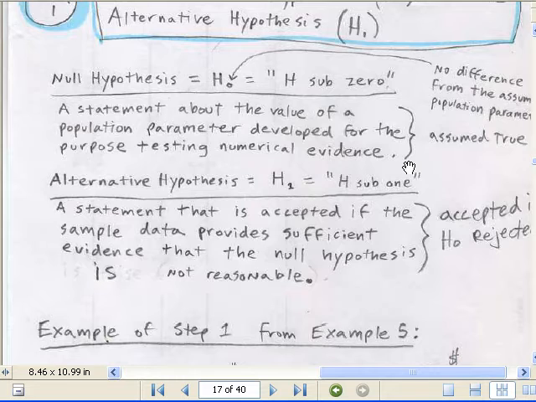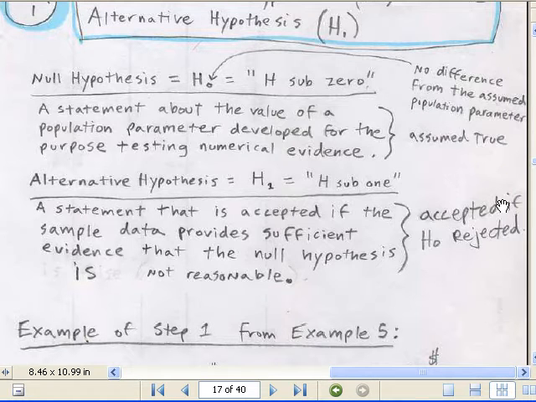The only way we could say this is true is to do the whole population, whatever tests we're doing. Alternative hypothesis, H sub 1 or sub A: a statement that is accepted if the sample data provides sufficient evidence that the null hypothesis is not reasonable. In essence, we will accept this alternative hypothesis if we reject H sub 0.